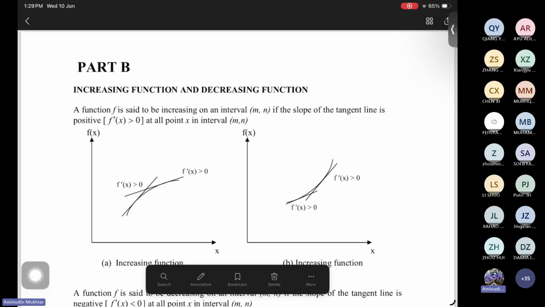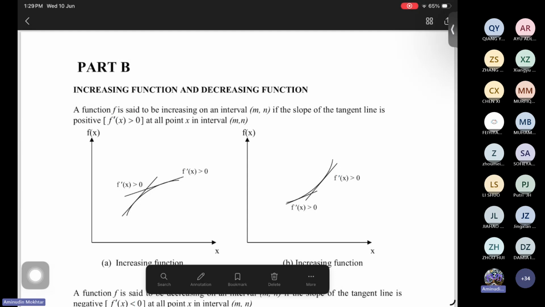Okay, now I will move to part B. I hope I can finish part B. Part B is about the application of differentiation.